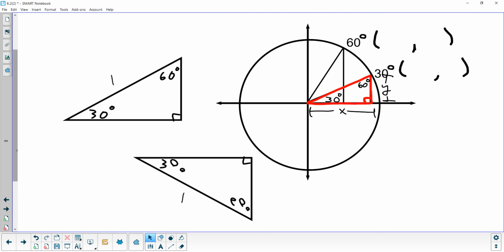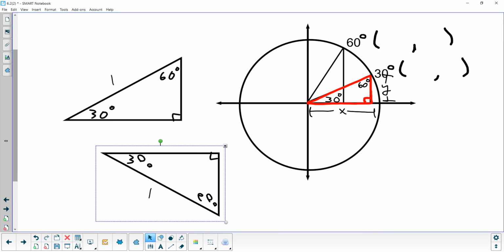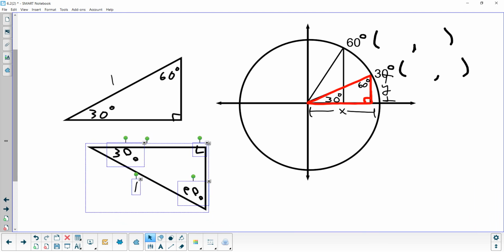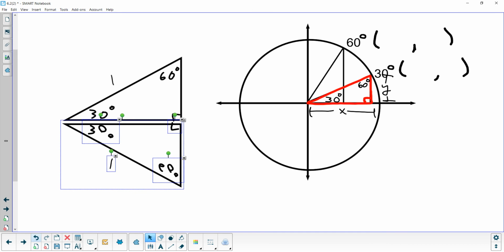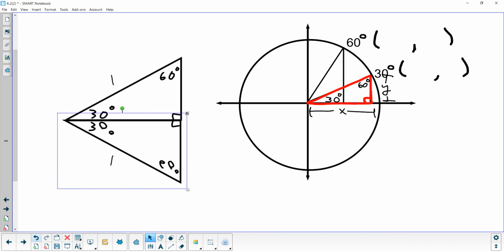So I want to make them into, what shape am I going to get when I do that? Yeah, a triangle. I'm going to get another triangle. I'm just going to combine them. All right, so I combined them.